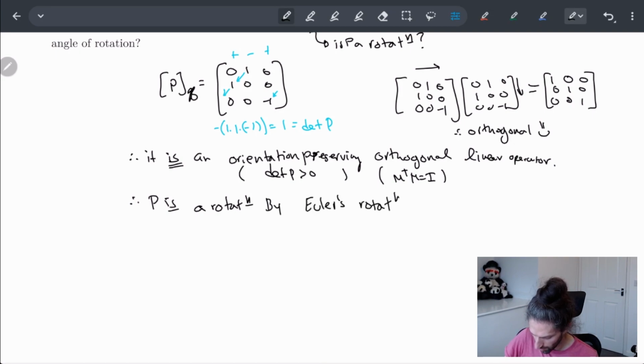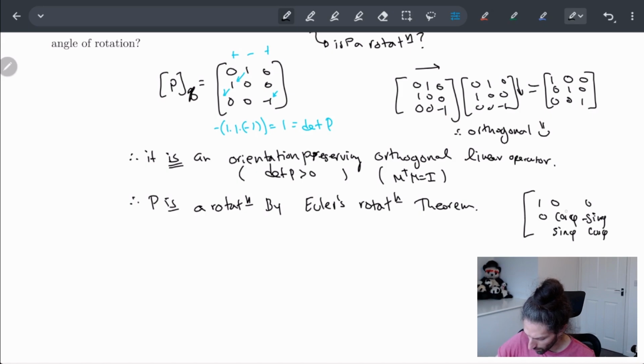Now you might be looking at this and going, wait a second, this doesn't look like the rotations we defined before. Because remember how we defined it: we needed cosine of phi, cosine of phi, sine of phi, sine of phi. And you're like, you went from something super easy, a nice matrix, to something much more complicated. There's no 1 on the diagonal.